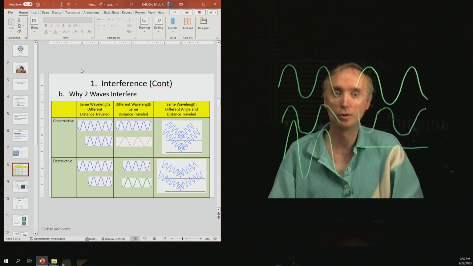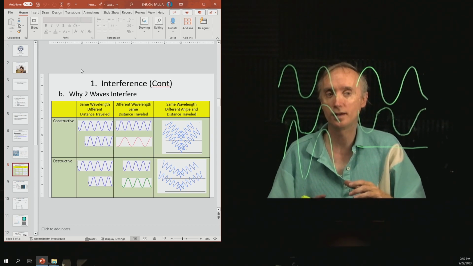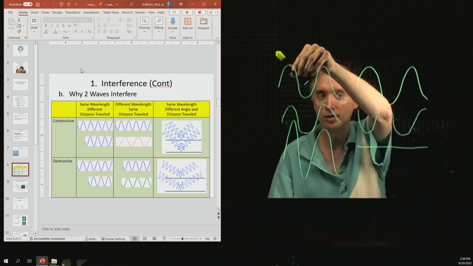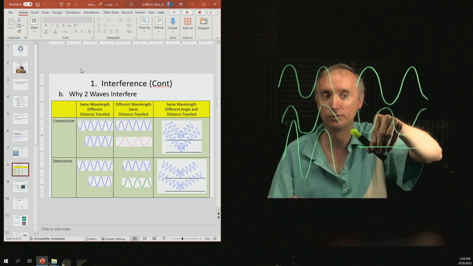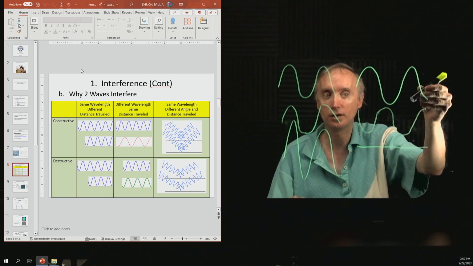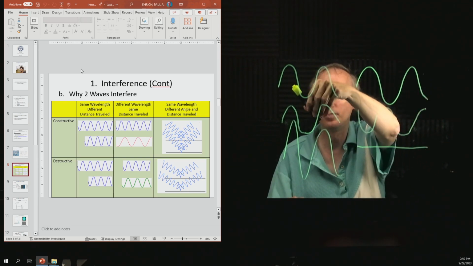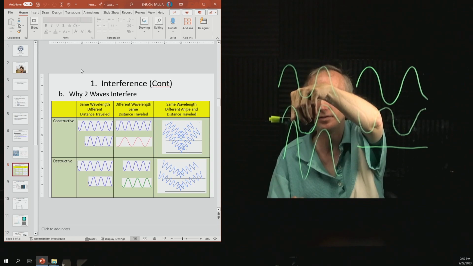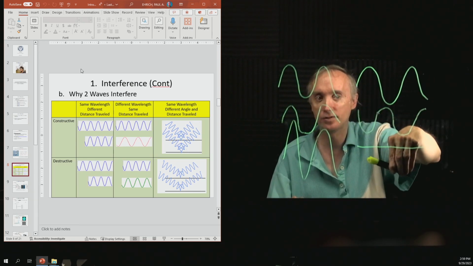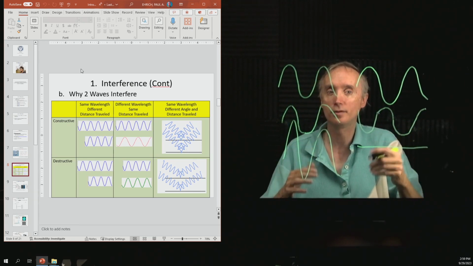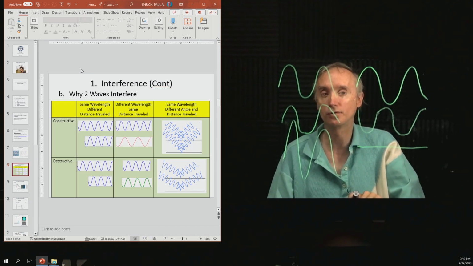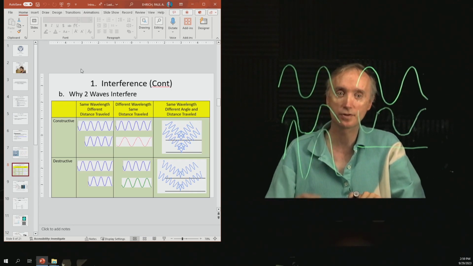They would go away. And then the third thing is it depends on the angle. So the light could be coming in at this angle and then bounce off something and go into your eye, but the light could be coming in at a different angle, and at a different angle it could end up being constructive or destructive. And so that's what's illustrated in this picture.